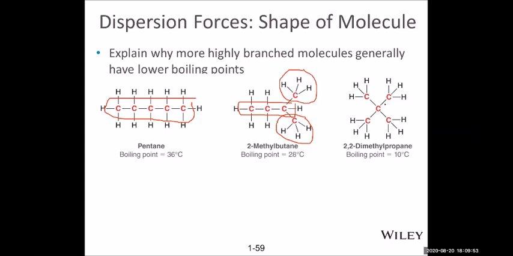And this last molecule has exactly the same molar mass as the other 2, but has even more branches. Consider this as the main stem, the main body. You have 2 branches. In this molecule, this should be the main body, and you have only 1 branch. So the molecules actually look different.